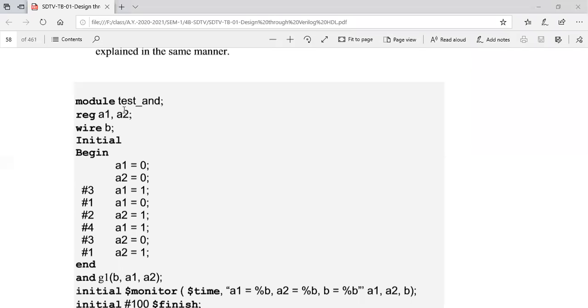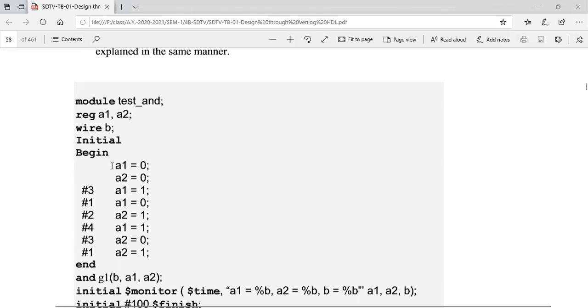Registers will generally be used for initialization purposes. We can only initialize some value to it. That is called a register, right? So B is a wire, and initial is for indicating that the program is going to start from here. Initial, then begin.